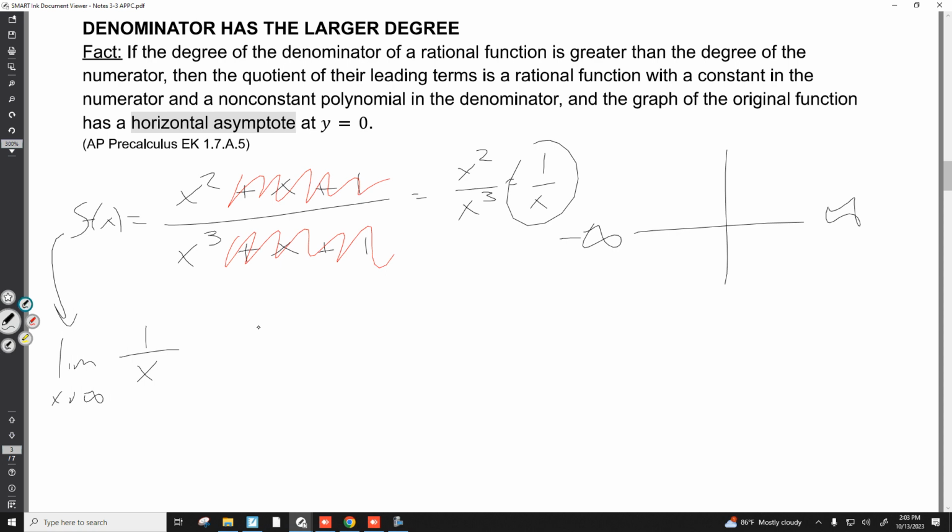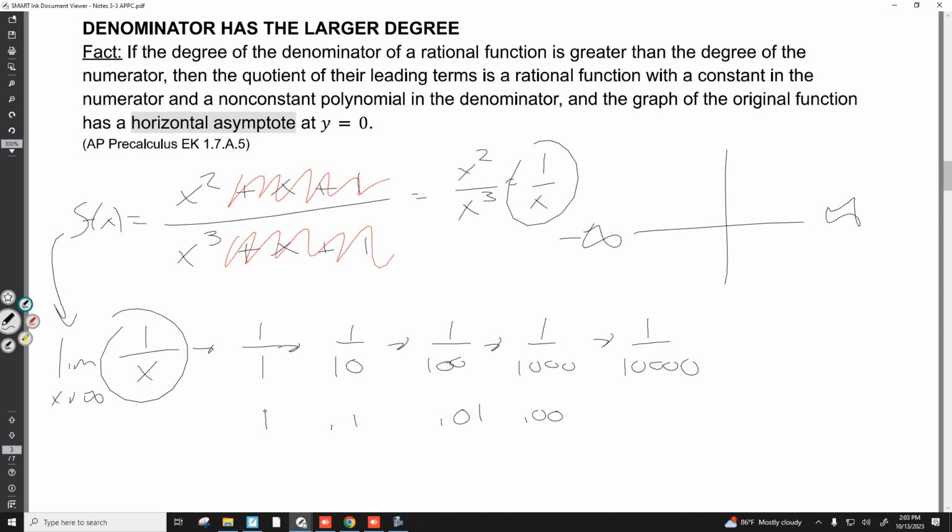As x gets bigger and bigger and bigger and bigger, 1 over x will get smaller and smaller and smaller till it approaches 0.